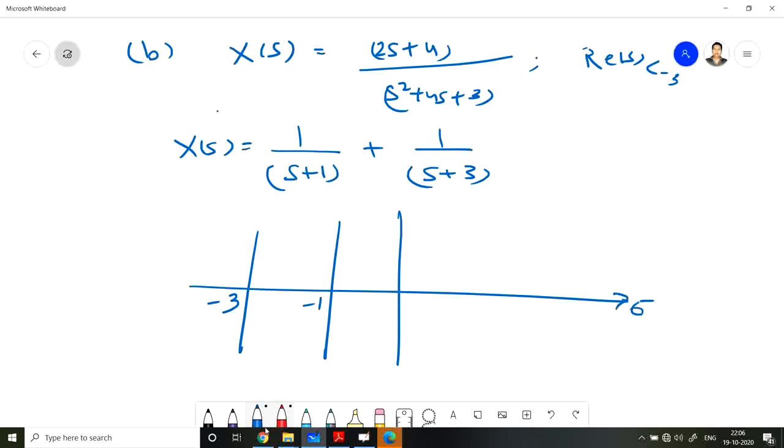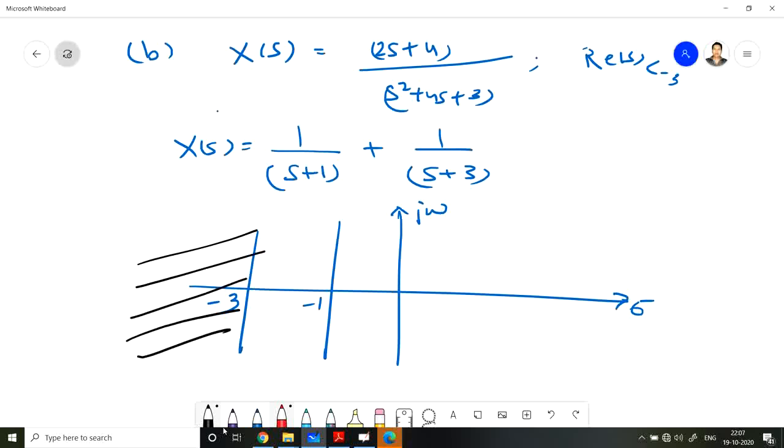So if we analyze the ROC, this is minus 1 and this is minus 3. This is sigma, this is j omega. We can see that the ROC is less than minus 3, which means it is on this side. This is the ROC.